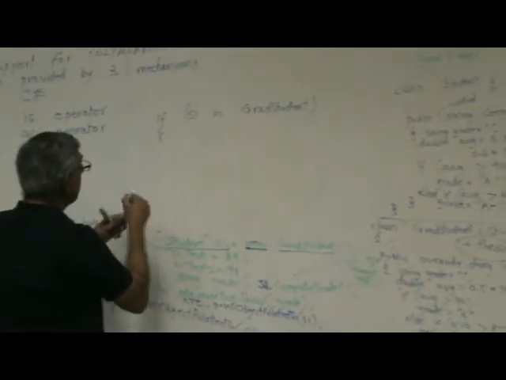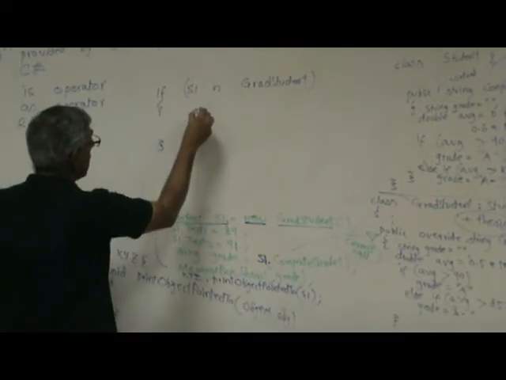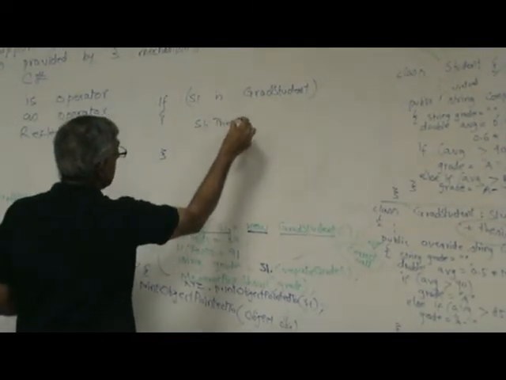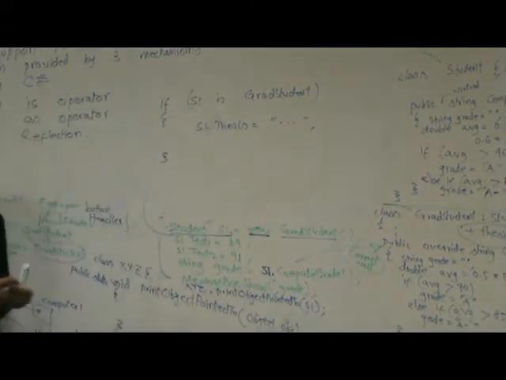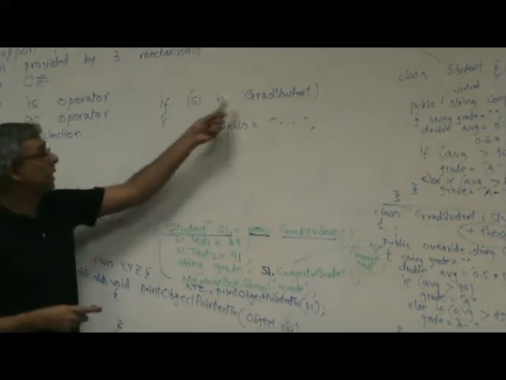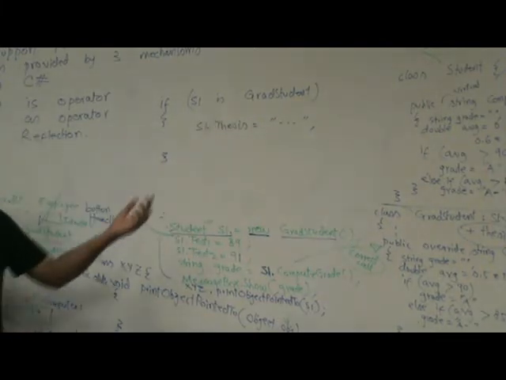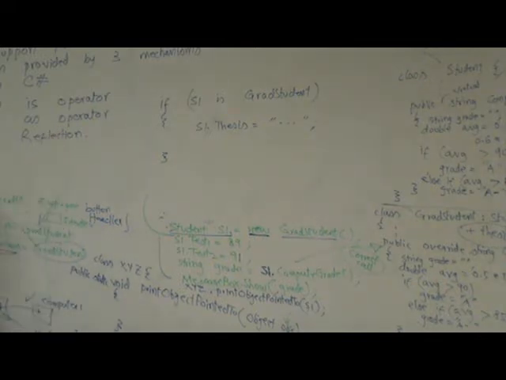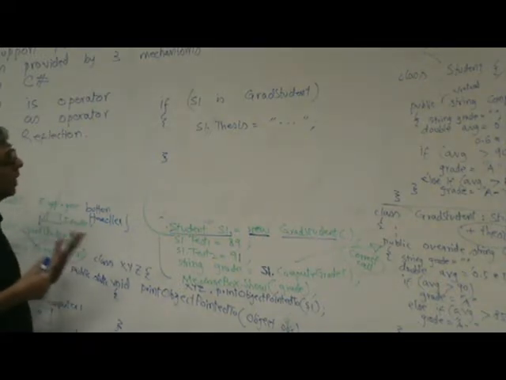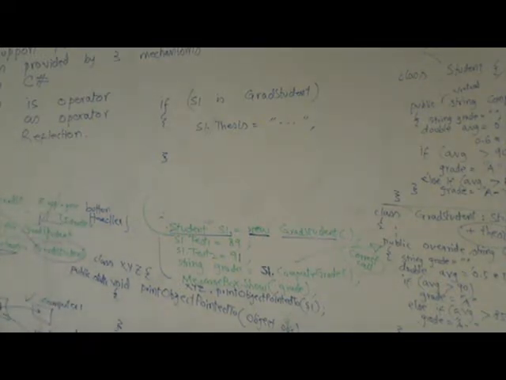Okay, so the problem is we still cannot say S1.thesis equal to something. Why? Once again, even though we have verified S1 is pointing to grad student, thesis is not a field of the student class, okay? So the trick in programming is like this. Create one more reference and make it point to the same place S1 is pointing to.